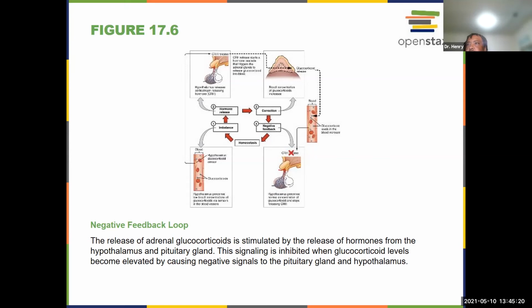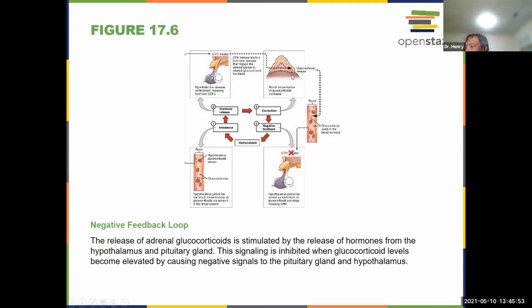In the hypothalamus, it basically releases corticotropin releasing hormone, also called CRH. So CRH is released, and as CRH is released, it starts a cascade that causes the adrenal glands to release glucocorticoid into the blood.